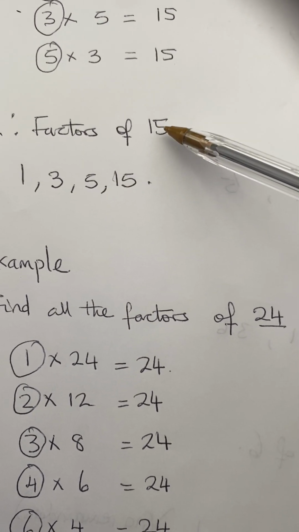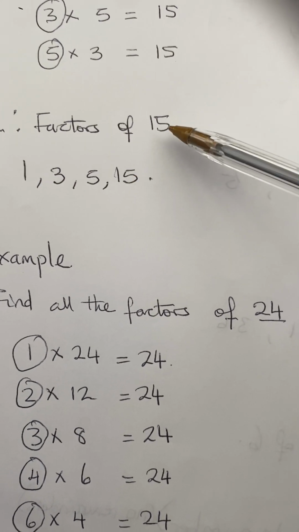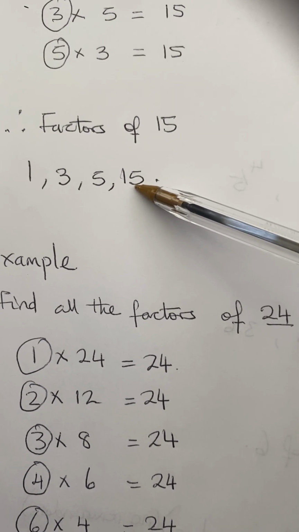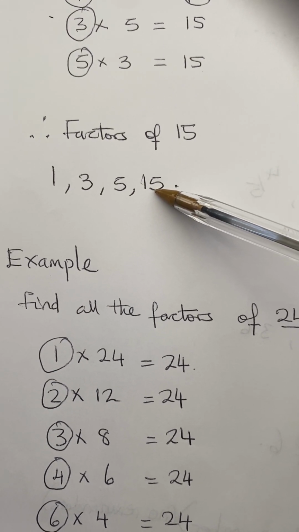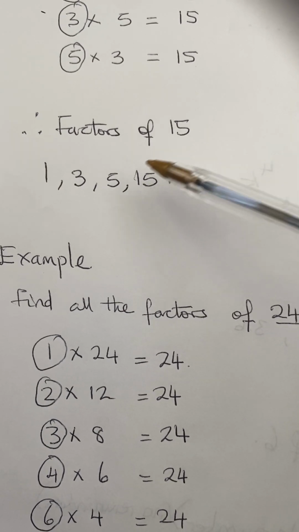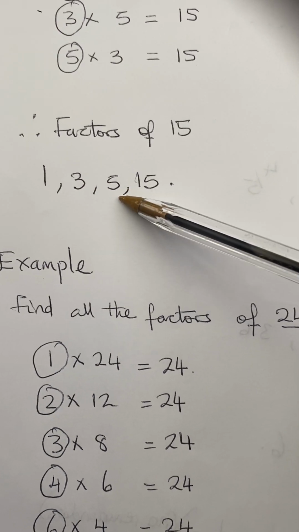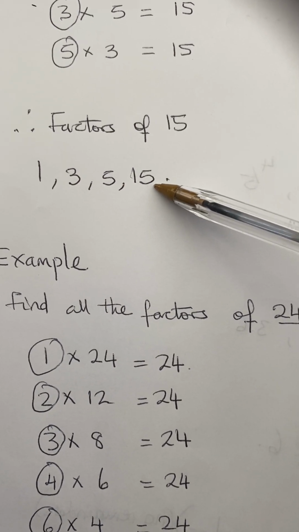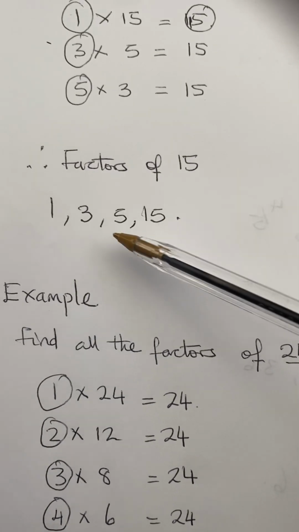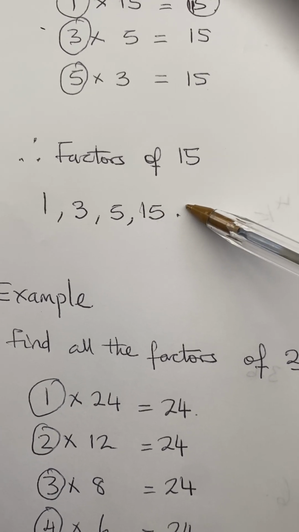The next will be 15: if I divide 15 by 15, I get a whole number of 1. So the factors of 15 will be 1, 3, 5, 15. The question may be, list all the factors of 15.